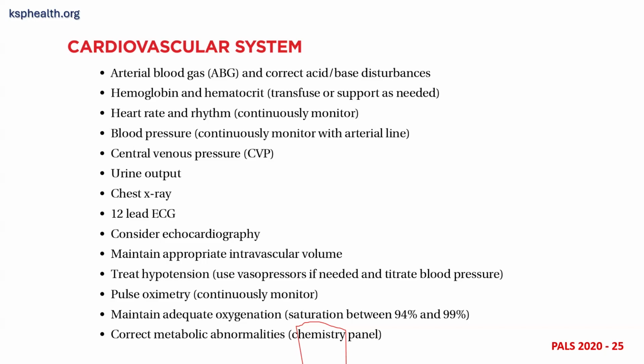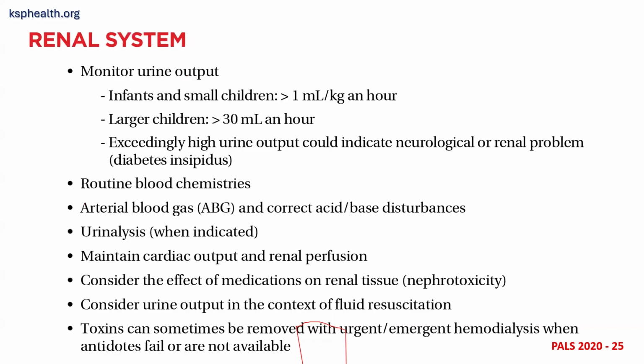Chest X-ray, 12 lead EKG for rhythm as well as cardiac size. Consider echocardiography. In most circumstances, we routinely do echocardiography to find out the contractility of the heart. Maintain appropriate intravascular volume, treat hypotension, pulse ox, and maintain adequate oxygenation, typically 94 to 99, and correct metabolic abnormalities.